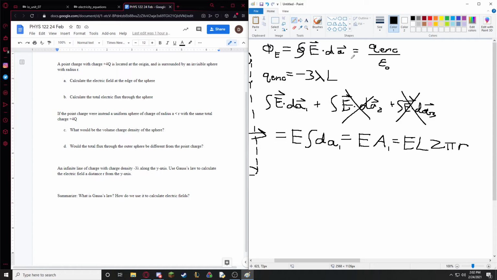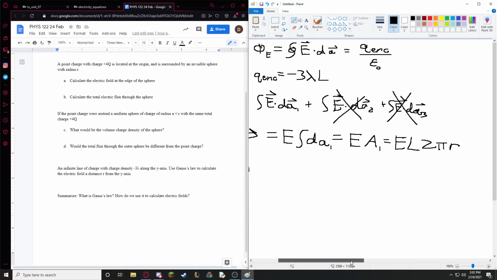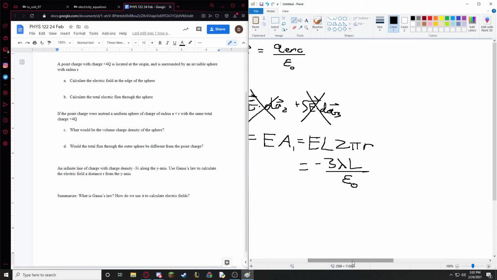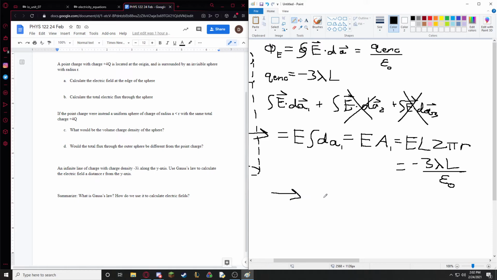We have our enclosed charge, which is negative 3 lambda L, and we have our integral of E dot dA. If we plug things in, we know that has to equal negative 3 lambda L over epsilon naught. So we bring it down here.